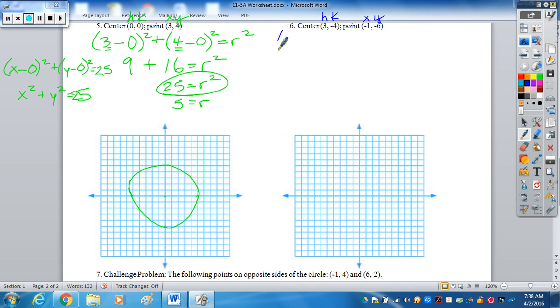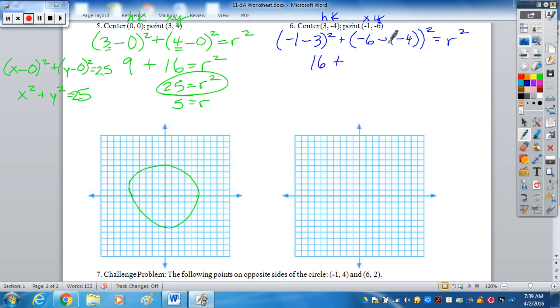Here's what I'm going to do. Again, plug into my circle equation: (x minus h) squared plus (y minus k) squared equals the radius squared. From there, if I do negative 4 squared, that gives me a positive 16.